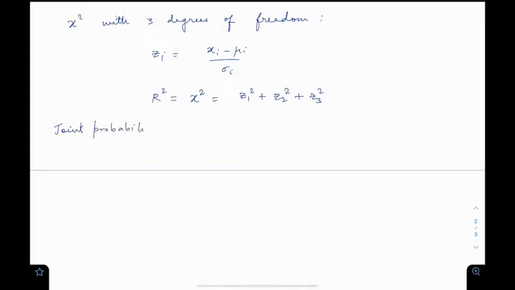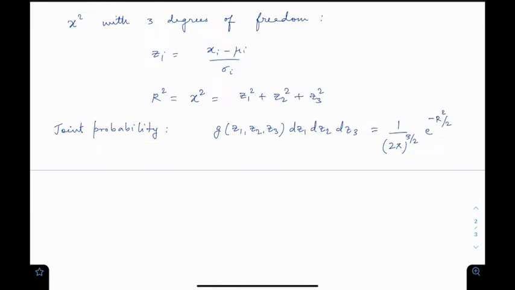And the joint probability in this case is given as, so we'll get 3 factors of the square root of 2 pi, so 1 by 2 pi to the power 3 by 2. We basically added the arguments of the 3 exponentials. So a product of exponentials equals the exponential of the sum of the same arguments.